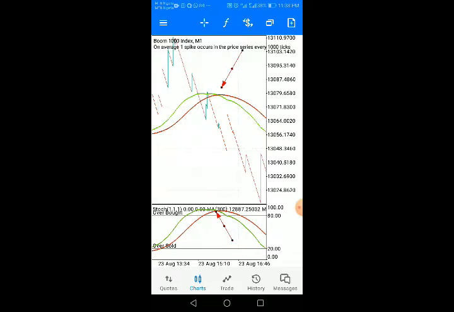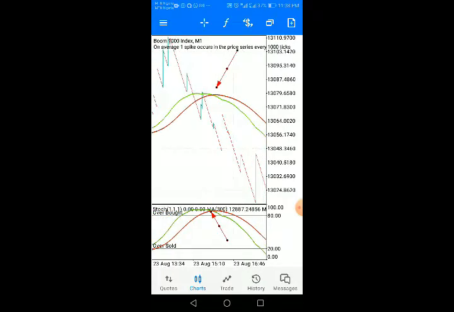It's a sell trade. So the trend just changed downward. You understand? So the cross on the stochastic has to take place above the overbought level. As we set our overbought level to be 80, that 80 marks the overbought region.